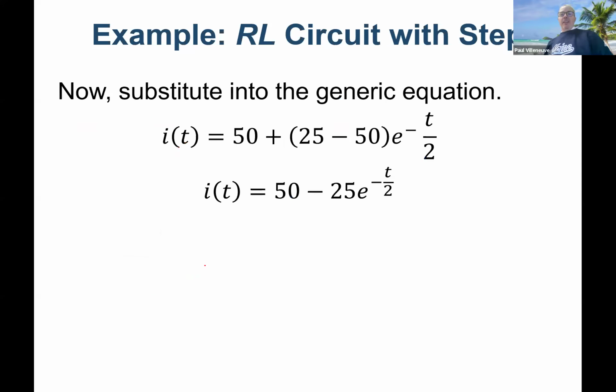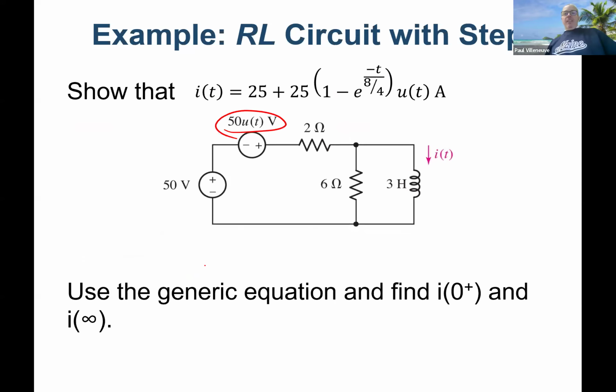So if I plug those into my equations, I of t is 50 plus 25 minus 50 e to the minus 2t over 2, and 50 minus 25 e to the minus t over 2. Let's check that at the beginning. Are they the same?